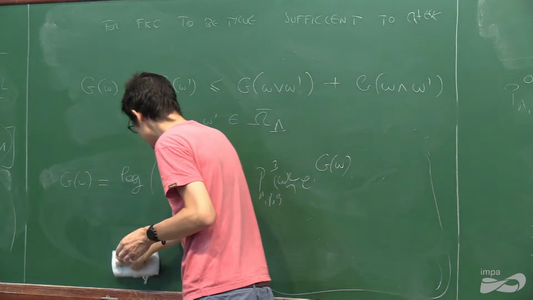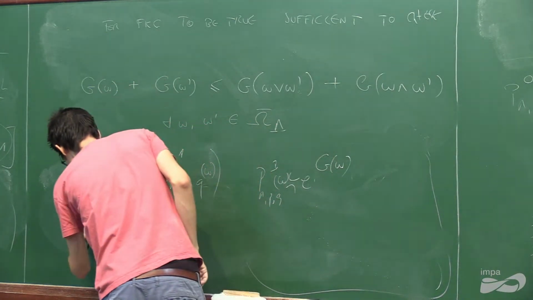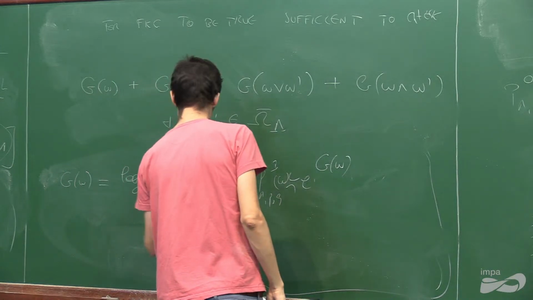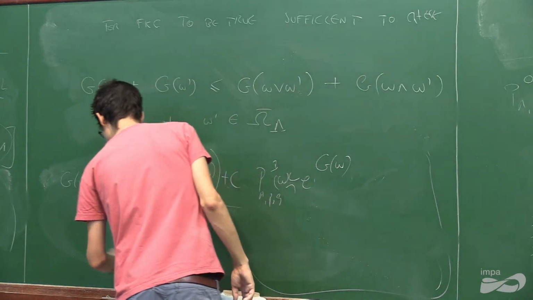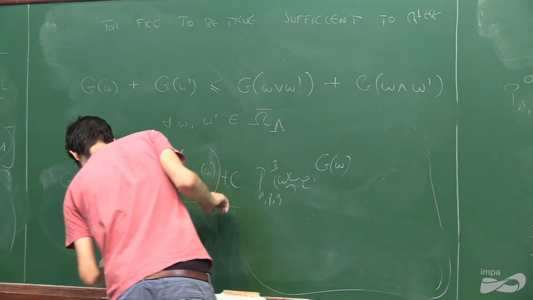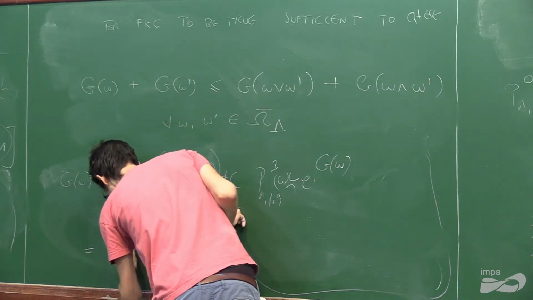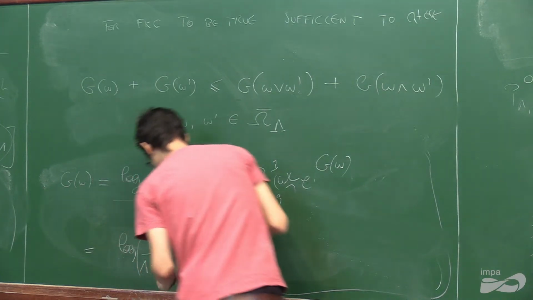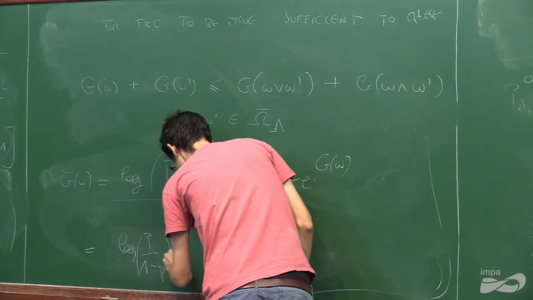So this is this plus a constant. And here I can just take it to be log of P over 1 minus P times O of omega.